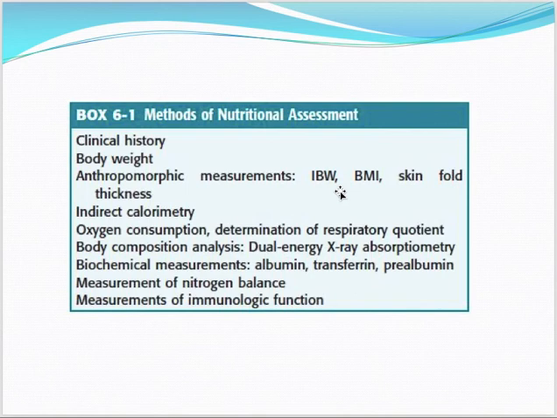And based on BMI, we tell whether the patient is in the normal range, underweight, overweight, obese, or in morbid obesity, right? BMI is one of the ways we can check.